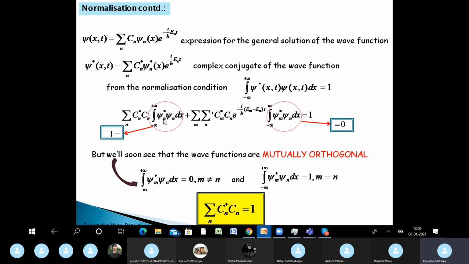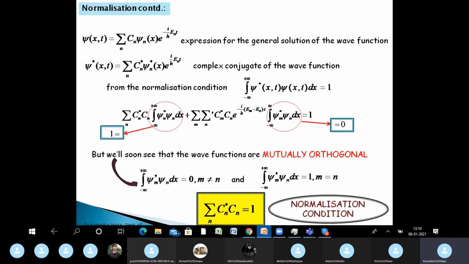So if in this expression of normalization condition, this term goes to 0, so the entire second term goes to 0. This term is equal to 1. So what we are left with, summation over n Cn star Cn equal to 1. So this is the normalization condition.